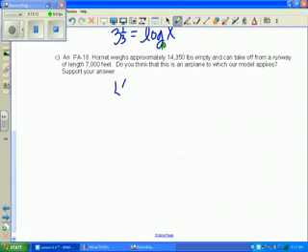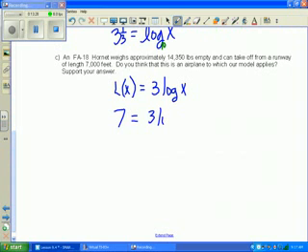Remember our model being the length of the runway in thousands of feet is equal to 3 log x, where x is the weight of the plane. So that's saying a 7,000 feet runway would support this right here. And so you just need to see if that's true.